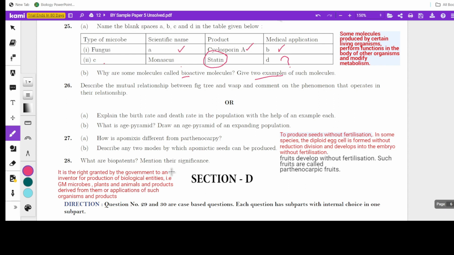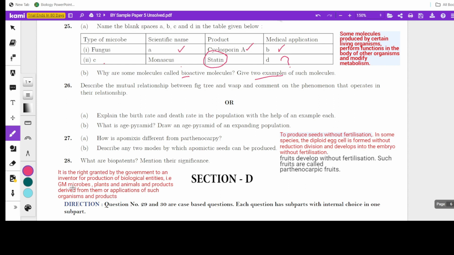What are biopatents? Mention their significance. So biopatent, you can write this definition: it's the right granted by the government to an inventor or the one who designed it for the production of biological entities, that is genetically modified microbes, or it can be plants or animals or plant products or animal products or microbial products derived from them, or application of such organisms and products.